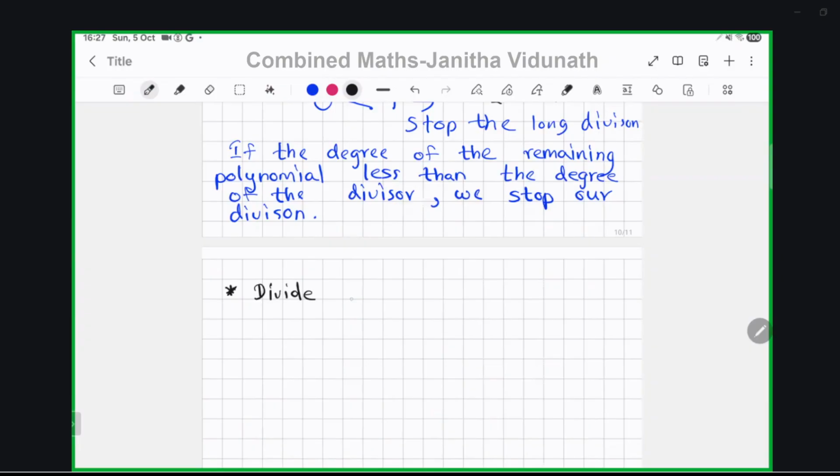Divide the leading term of the dividend. Here in our example, that means x to the power 4.